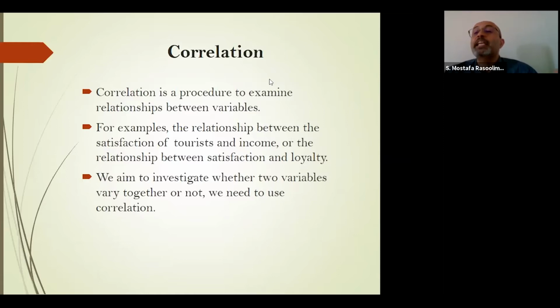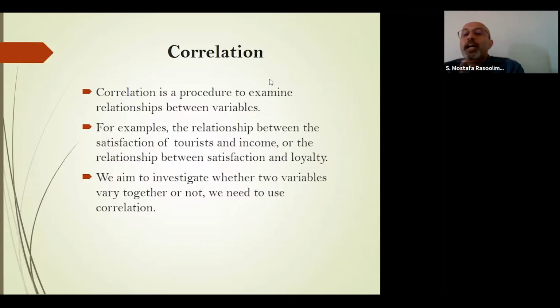Here, there is no causal relationship. We don't say mathematics marks influence or affect physics marks. Or it's meaningless to say weight affects height, right? So it's meaningless.